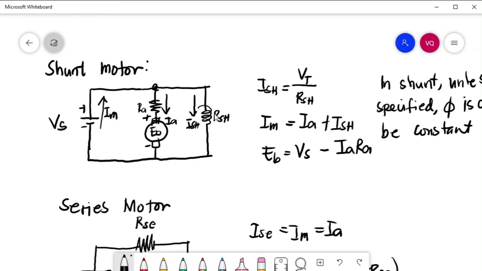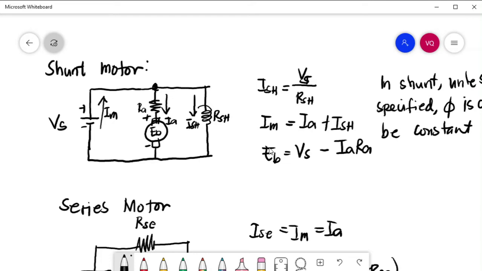Rsh is the shunt resistance. Ish is the shunt current. Shunt current is equal to Vs, the source voltage, divided by the shunt resistance. From KCL at this node, Im is equal to Ia plus Ish.